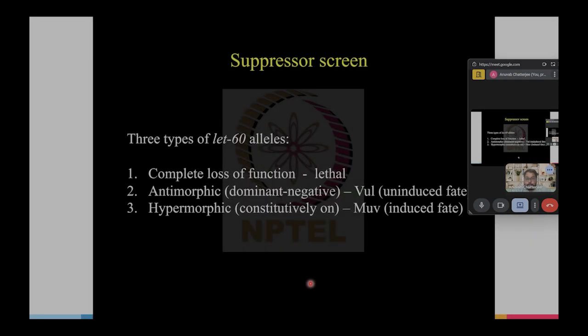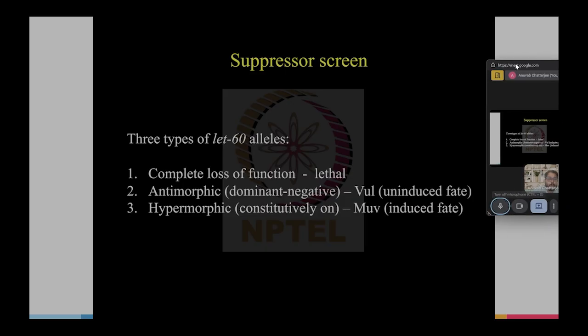So, following our example of let60, there are three types of let60 alleles that were figured out using the suppressor screen. A complete loss of function: when you do just the mutagenesis screen and take double mutants, it is lethal. Antimorphic, which is dominant negative, where you have vulvaless, which is uninduced fate of the vulva. And hypermorphic, when it is always active, it is multivulva, which is an induced fate.